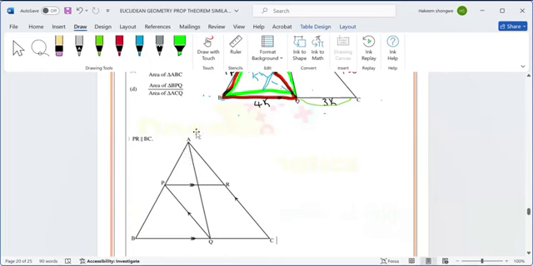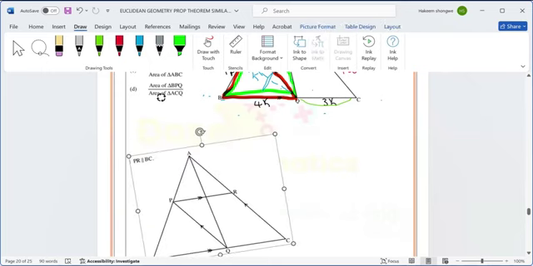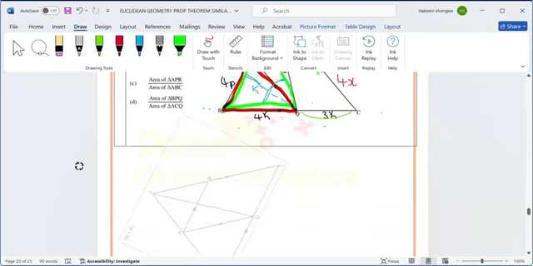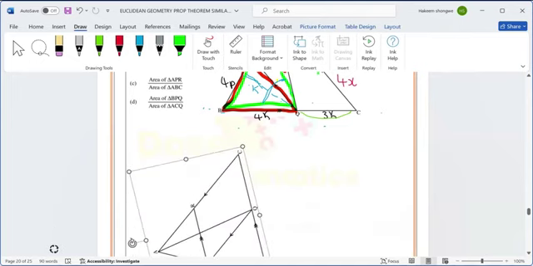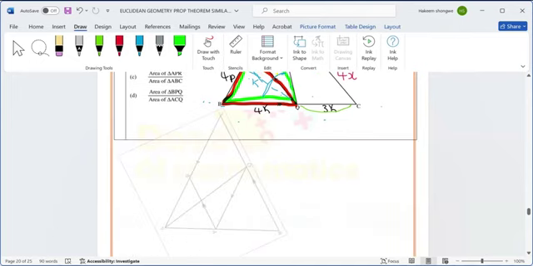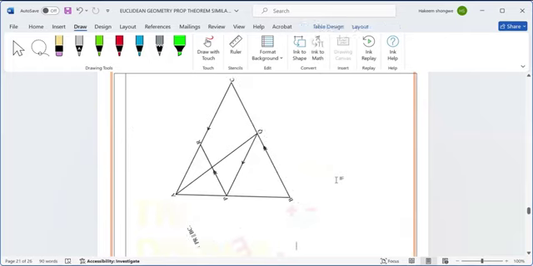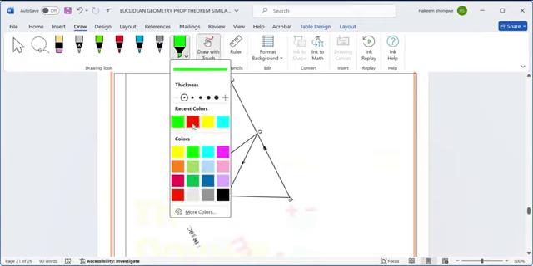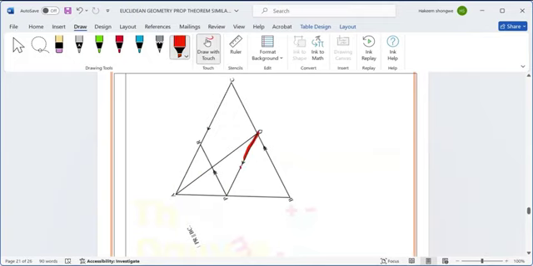Okay. Let's do this. Look at this. So let's highlight the triangles that I was talking about. We're talking about triangle PQ. Let's make it red again. So we have this one.